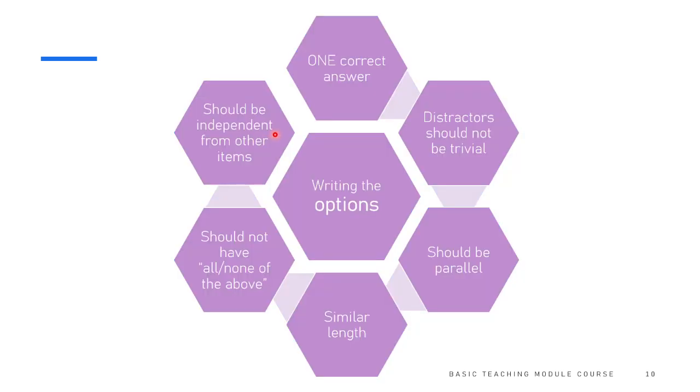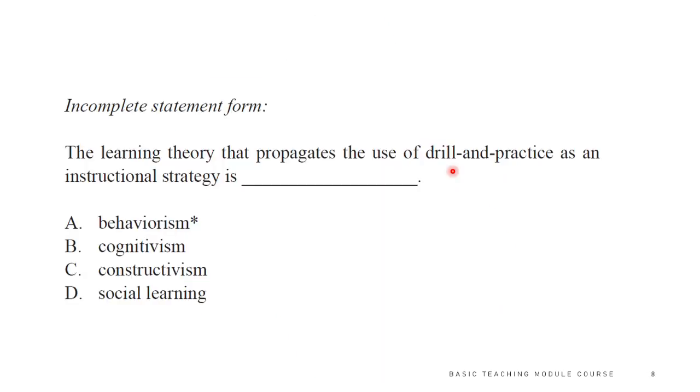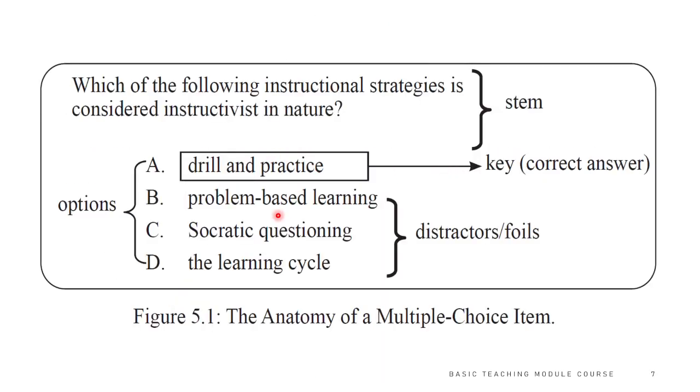Now, in writing the options, there must be one correct answer. The distractors should not be trivial. For example, you make them trivial so that they are not part of the key concept in the topic. These are examples of trivial items: A, the correct answer is drill and practice. Then B, let's say, chicken and fish.